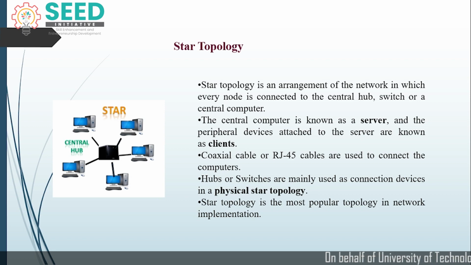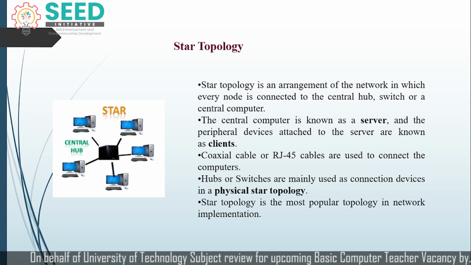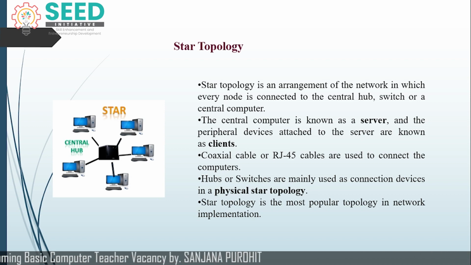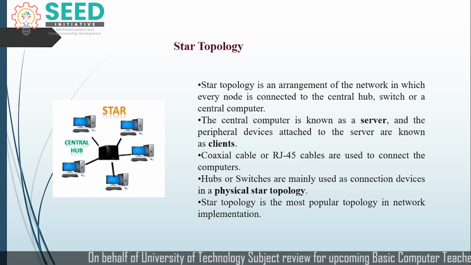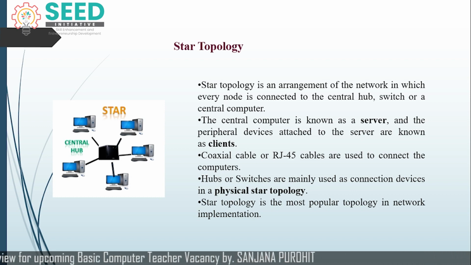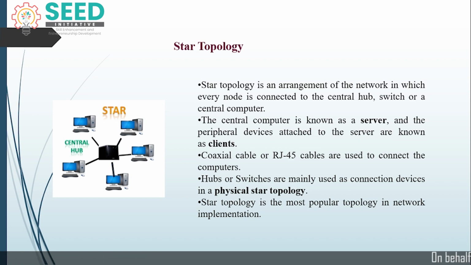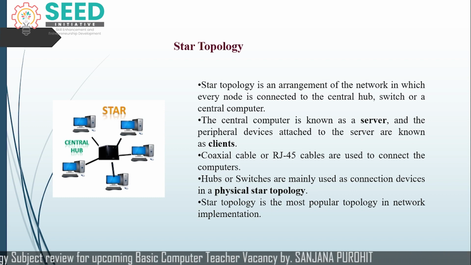Next is the star topology. Star topology is an arrangement of the network in which every node is connected to a central hub, switch or central computer. This central computer is known as the server and the other peripheral devices connected to that server are known as the clients.